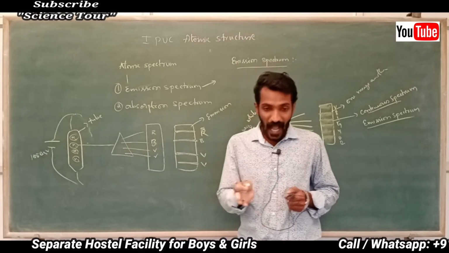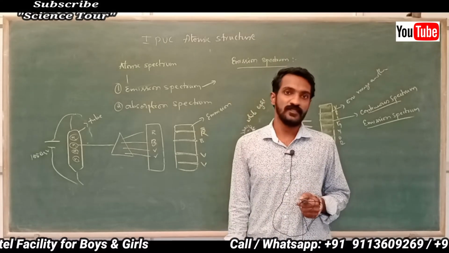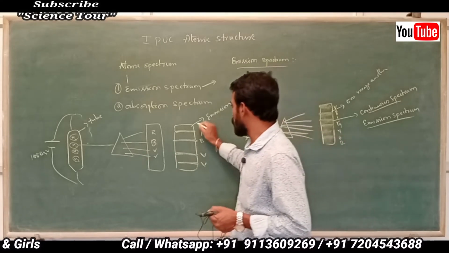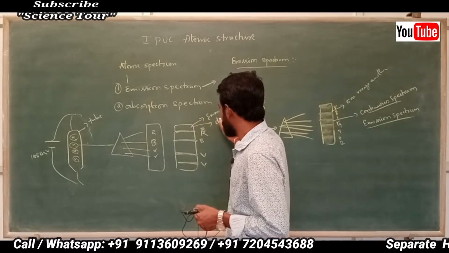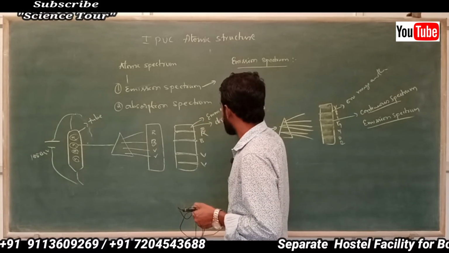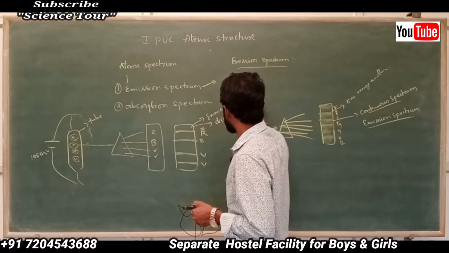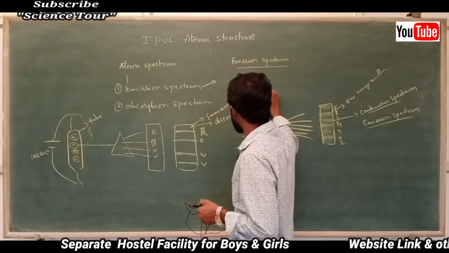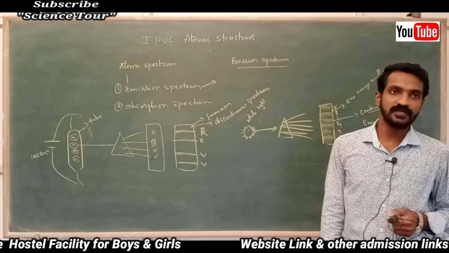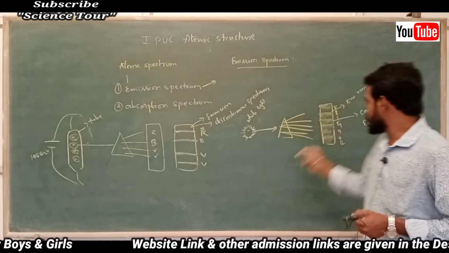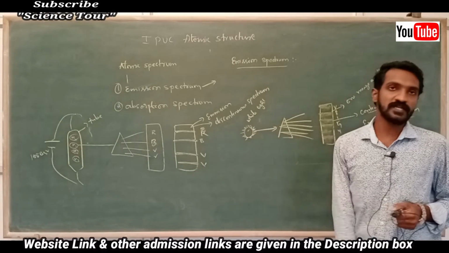That means you can see gaps between colors. So it is an example for emission spectrum, but it is a discontinuous spectrum.